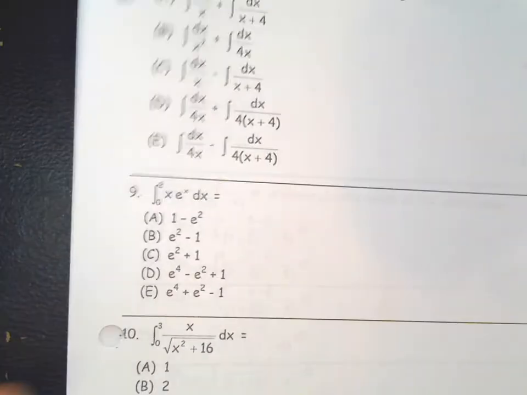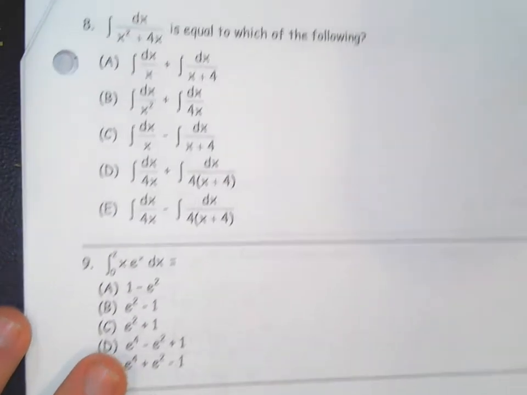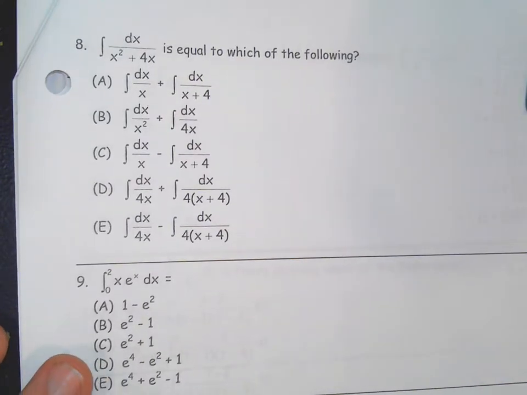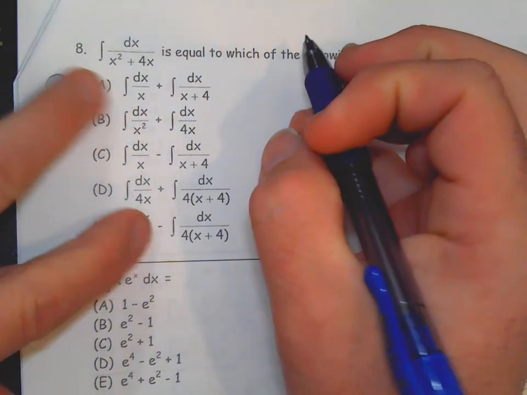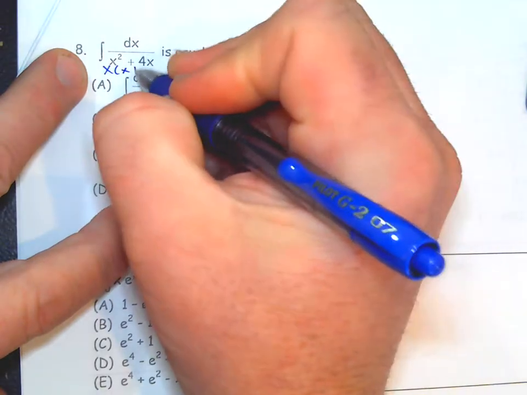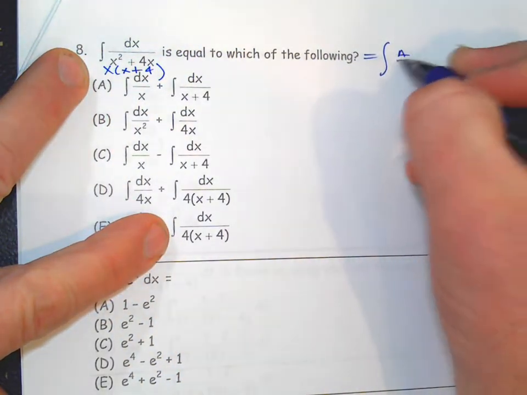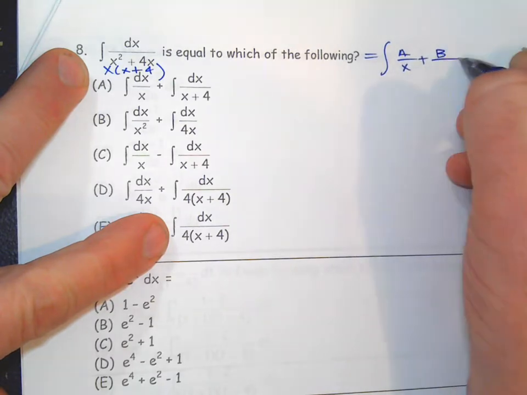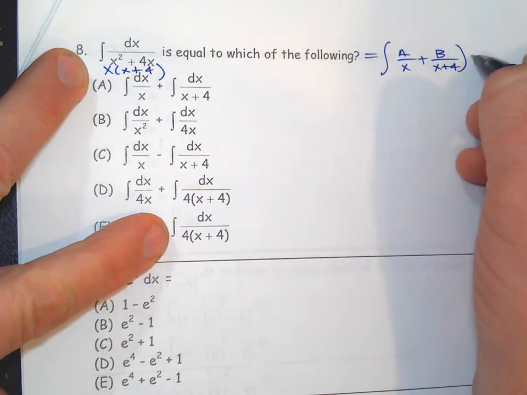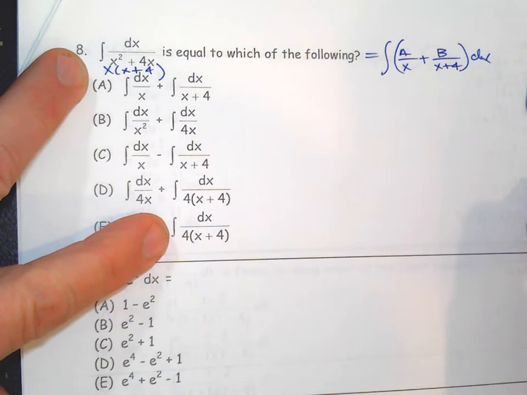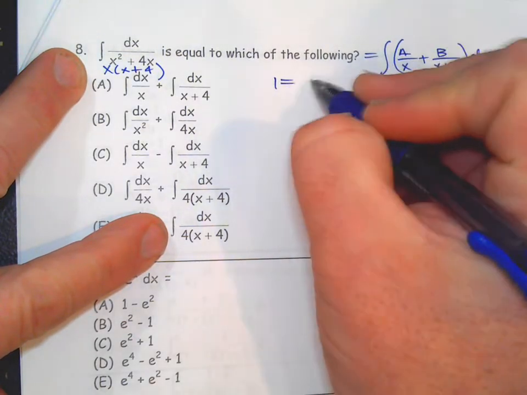Number 8 is, so we're trying to just integrate this, but not all the way. So I think we got to do partial fractions. So this is going to equal A over x plus B over x plus 4. So we're going to multiply through by the least common denominator.